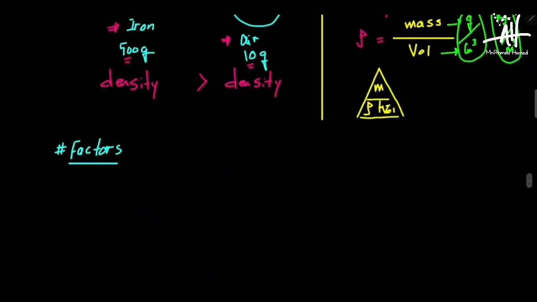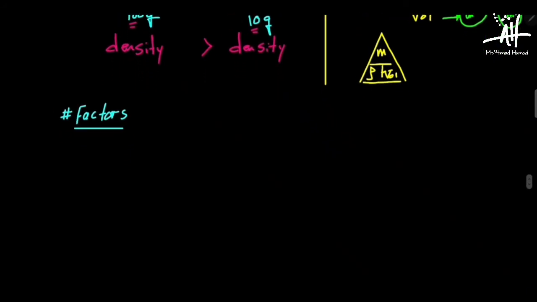We can represent the density also on a graph between the mass and the volume. We can put the mass on the y-axis and the volume on the x-axis, and let's assume we have a straight line like this.